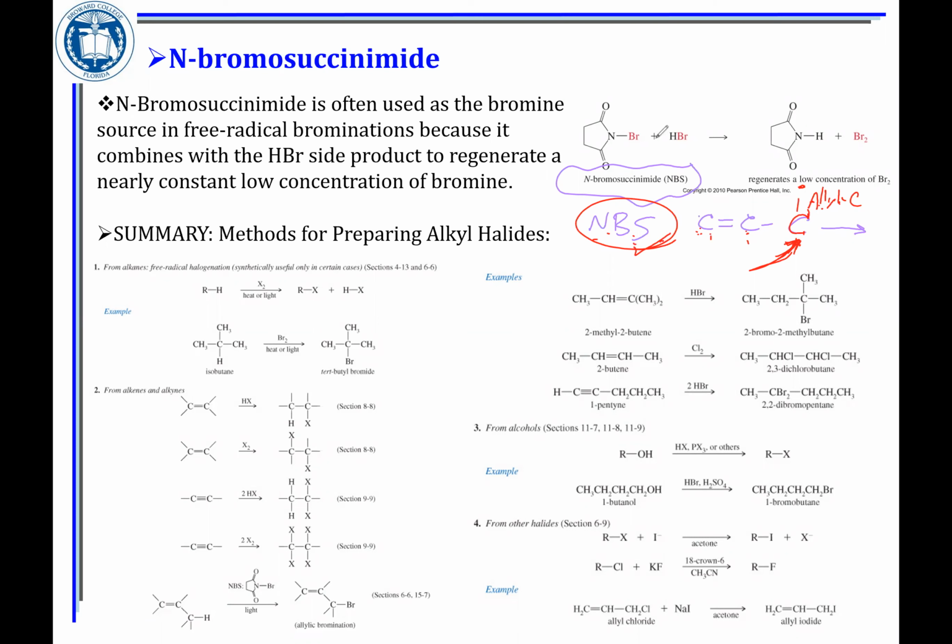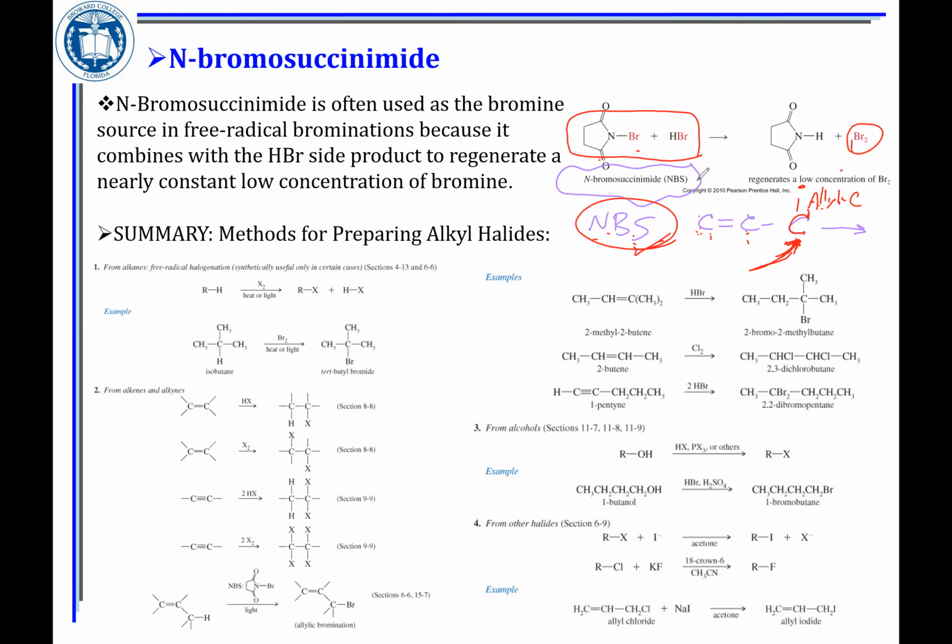What is NBS? NBS is N-bromosuccinimide. This is the reagent plus HBr, and gradually it is going to release Br2 as Br2 is being consumed in the reaction. So as Br2 is being consumed, more of it would be released.